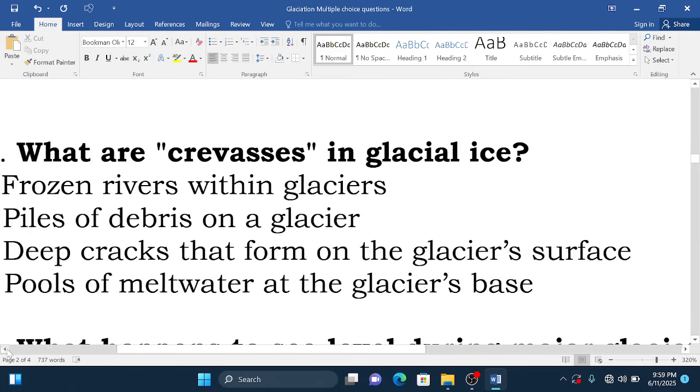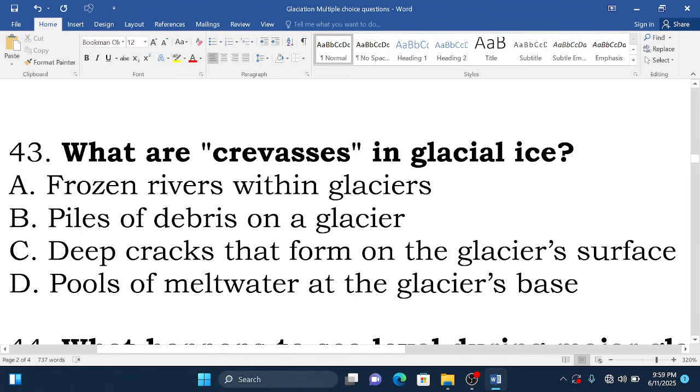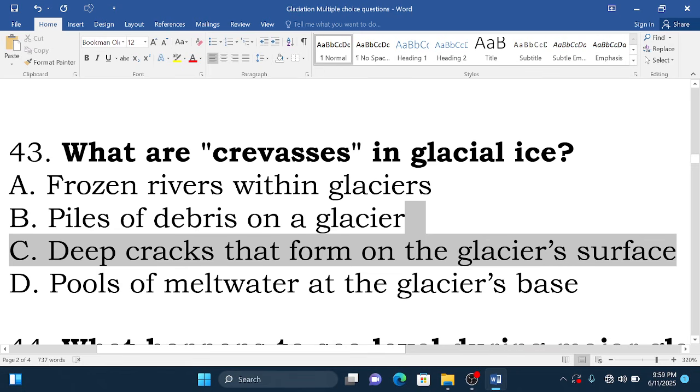B, piles of debris on a glacier. C, deep cracks that form on the glacial surface. D, pools of meltwater at the glacier base. So the correct answer is C, because crevasses are cracks that occur on a glacial surface.